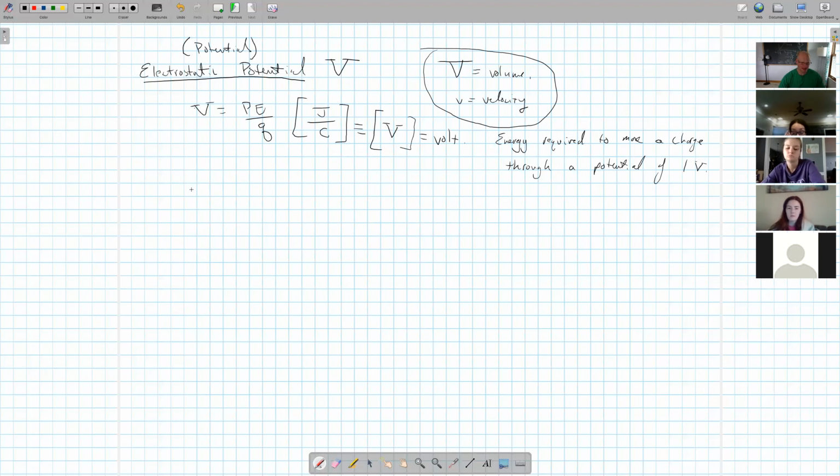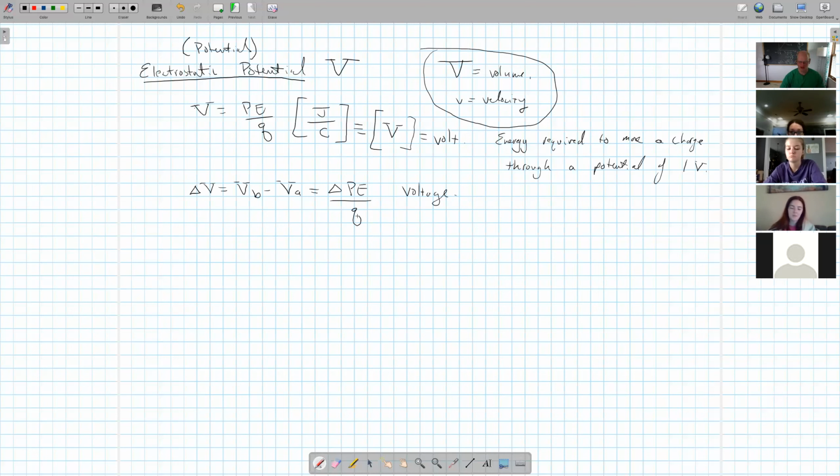Okay. So this means then that the change in potential, delta V, is equal to the voltage at, say, point B minus the voltage at point A, which is then equal to the change in potential energy divided by the charge. So this is what we call voltage. Voltage is the change in potential between 2 points, which is equal to the change of potential energy across those same 2 points per unit charge. So this is what we call voltage.